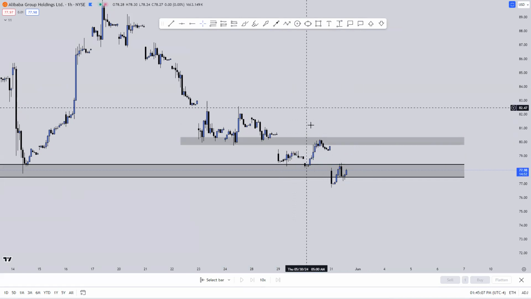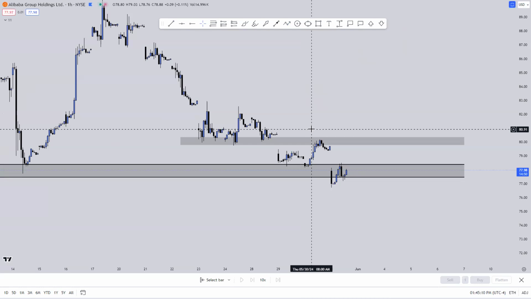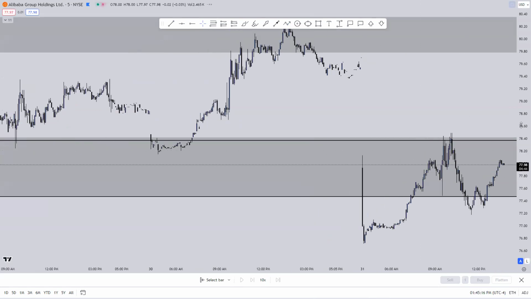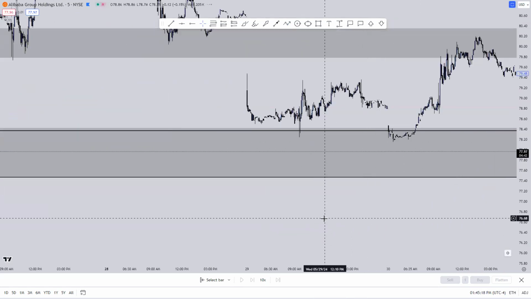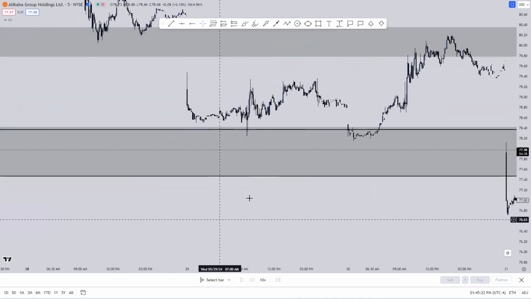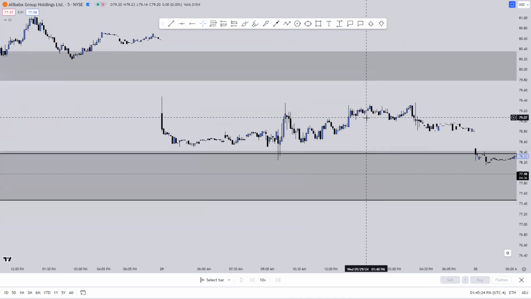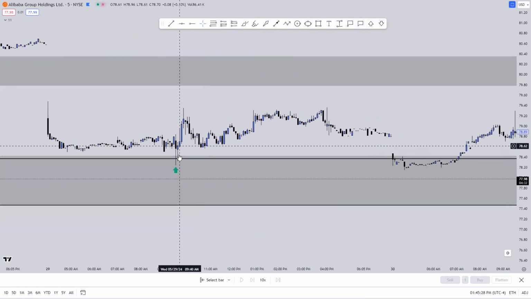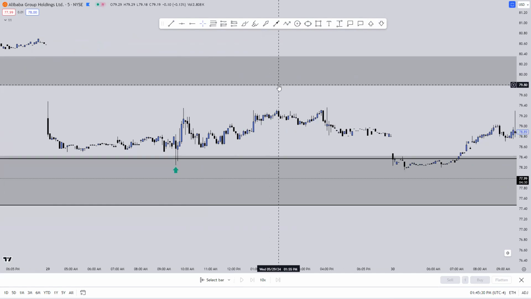So just so we can get a better look at it, let's say we go down to the 5-minute. All right, 5-minute chart right here. So you can see the entry to the trade was here. All right. This is where the entry would have been. And we're just waiting for the price to go up to the supply area.